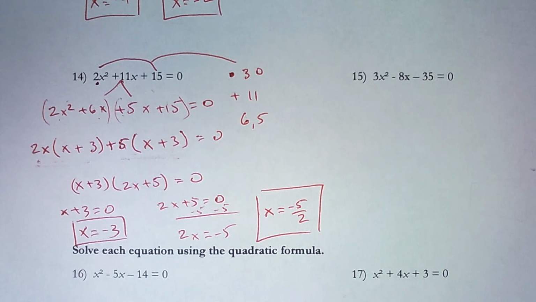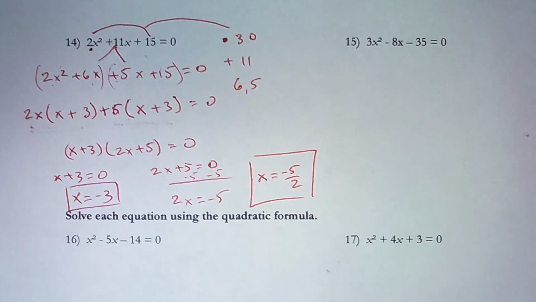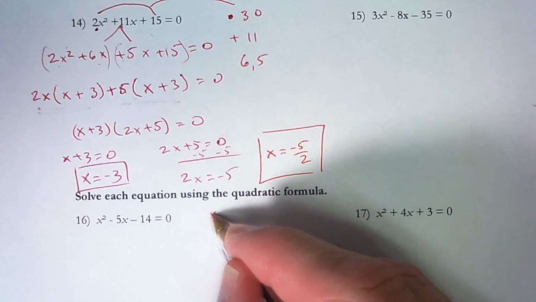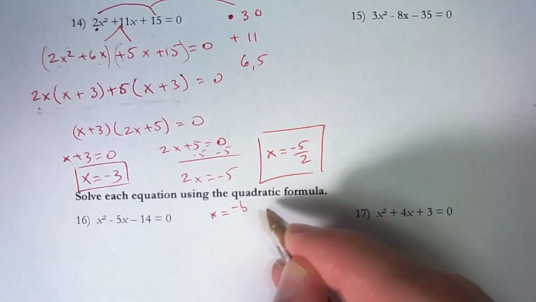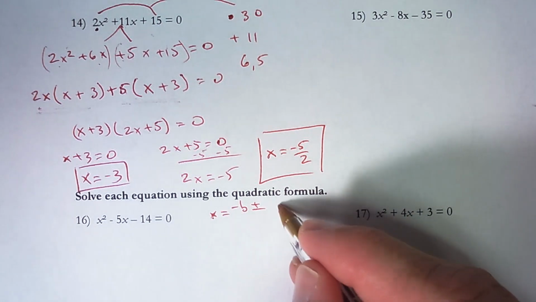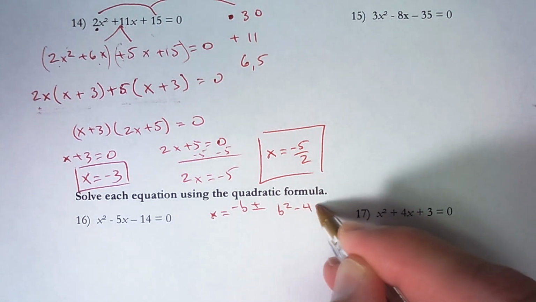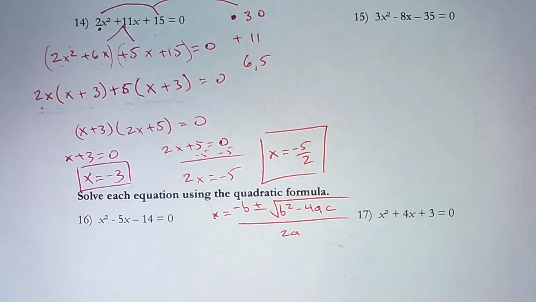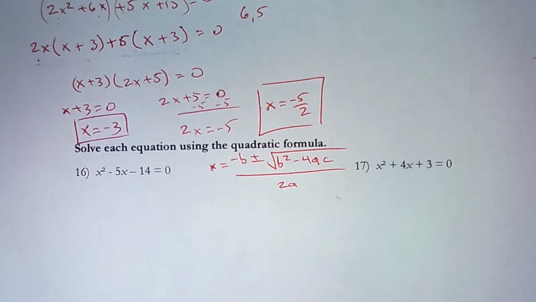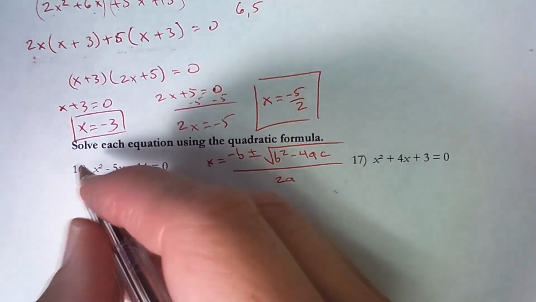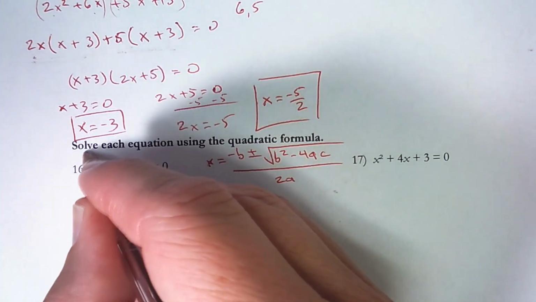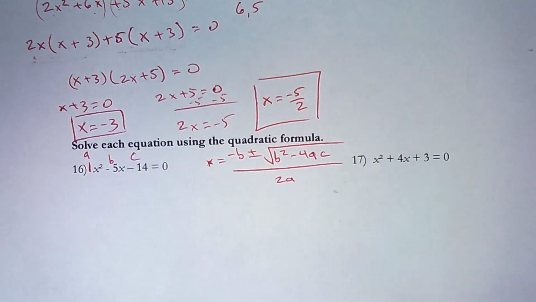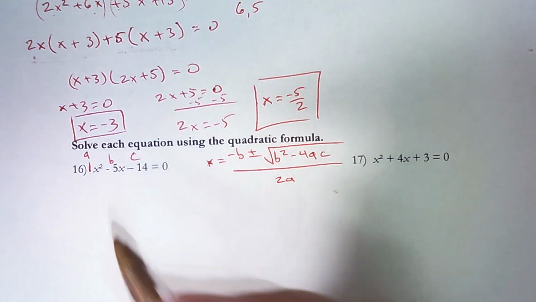Next we are going to solve using the quadratic formula. The quadratic formula, you may remember: x equals the opposite of b plus or minus the square root of b squared minus 4ac, all over 2a. So we've got a is 1, b is negative 5, c is negative 14.